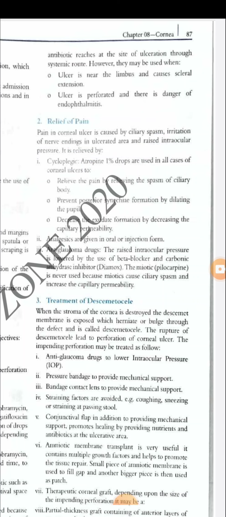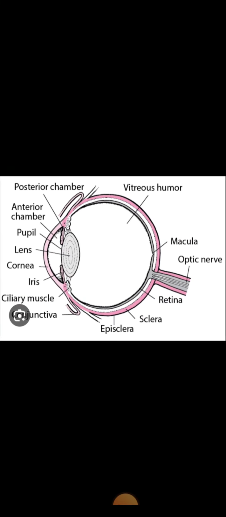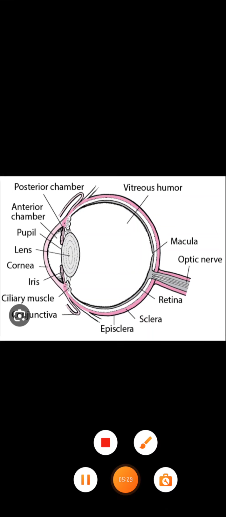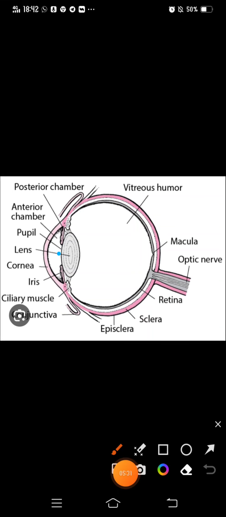The other point is that atropine is also a mydriatic. If the pupil is dilated, what will happen? Posterior synechia formation would not occur. What is posterior synechia formation? Whenever the iris becomes attached to the lens, it is known as posterior synechia.